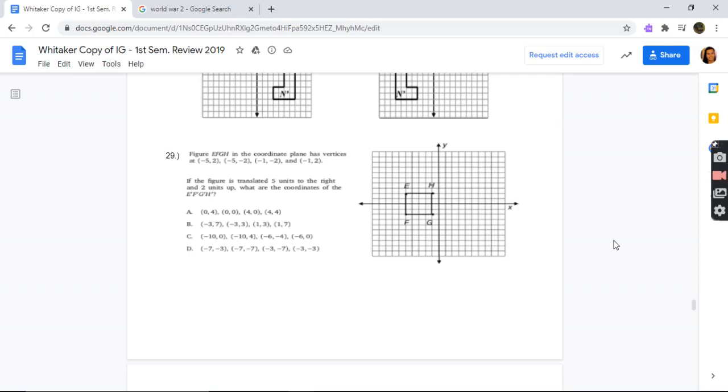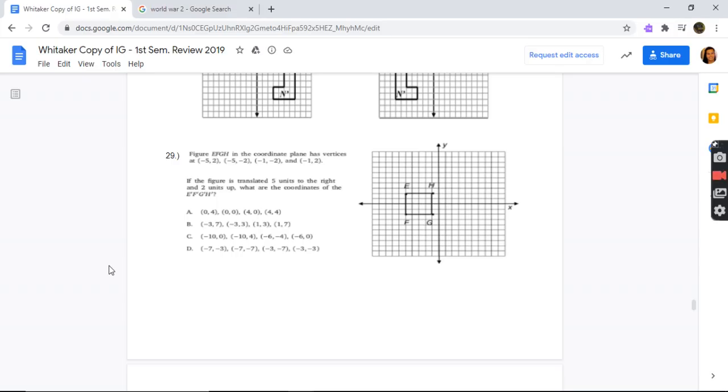What do you think it is? Figure EFGH in a coordinate plane has vertices at (-5, 2), (-5, -2), (-1, -2), and (-1, 2). If the figure is translated 5 units to the right and 2 units up, what are the coordinates of E', F', G', and H'?